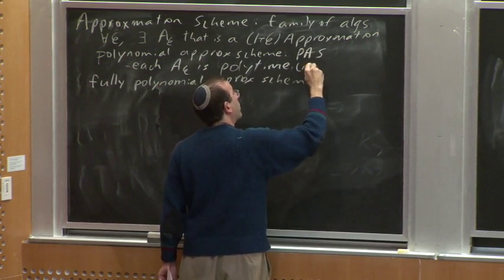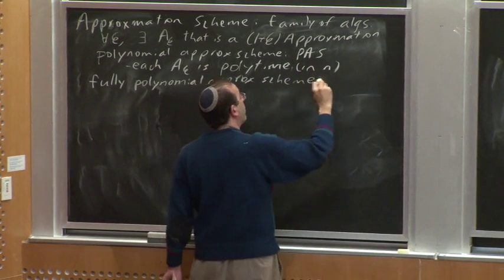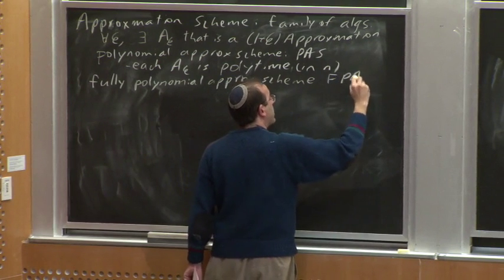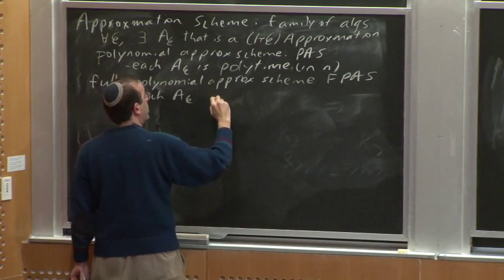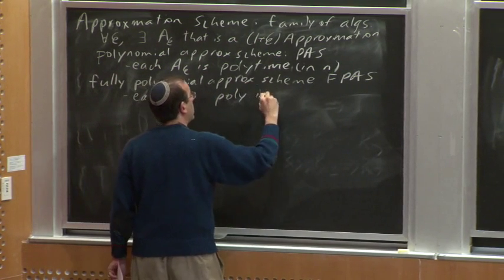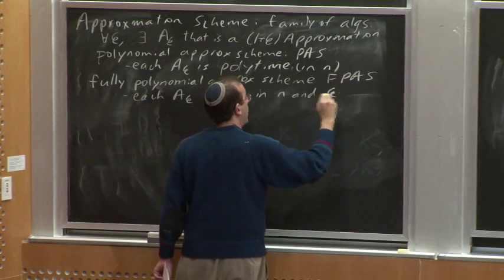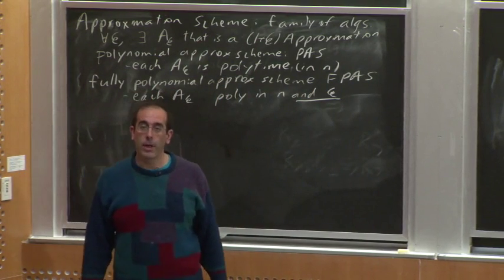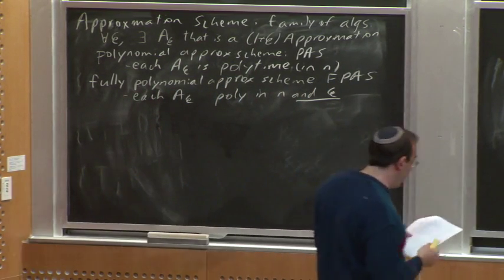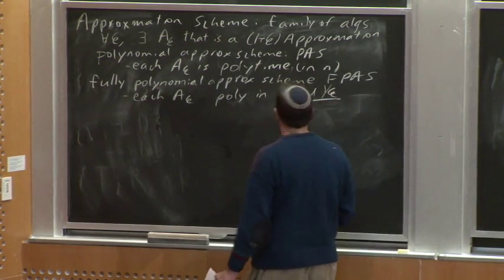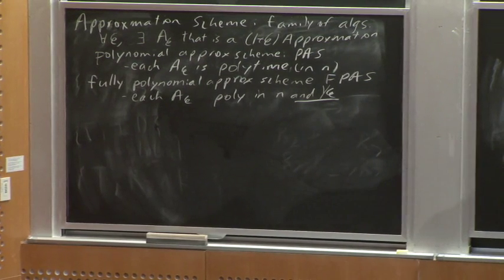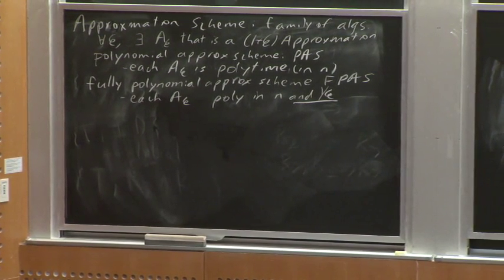A fully polynomial approximation scheme, or FPAS, has each A sub epsilon have a running time that is polynomial in n and 1 over epsilon. We will see some examples of each to make those definitions clearer. Being polynomial in 1 over epsilon is being polynomial in epsilon. It's just a negative exponent instead of a positive one.